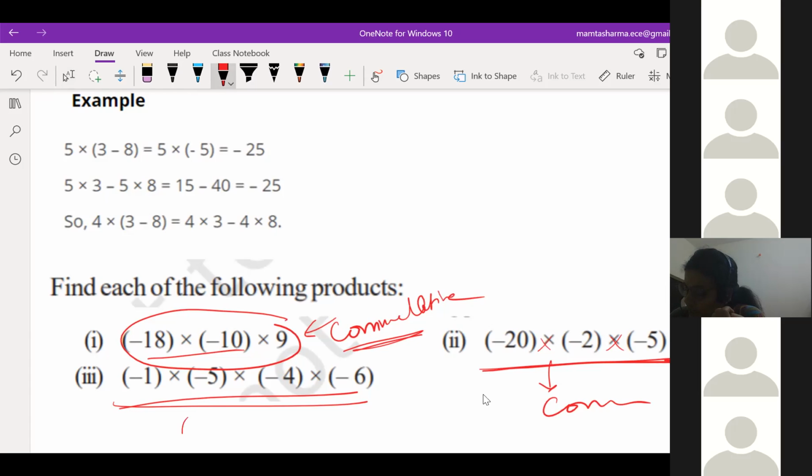If it was like minus 18 plus minus 10 into 9, then it will satisfy the associative property. Yes, ma'am, it's associative. Correct? It is not associative, it is commutative, because in associative only one bracket is given. Here they are in separate brackets.